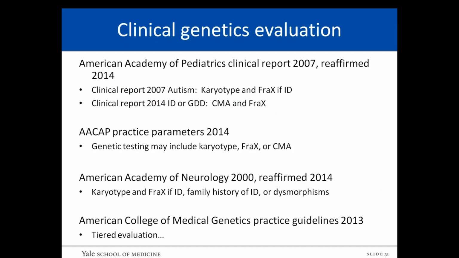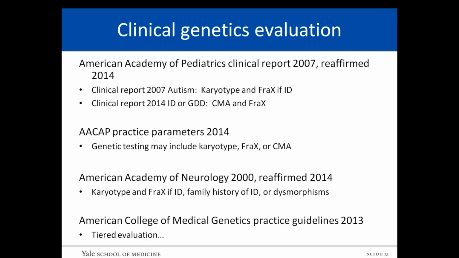So the various academic societies have guidelines about clinical genetics evaluation in autism. The American Academy of Pediatrics published a clinical report that was recently reaffirmed a couple of years ago. It suggests that karyotype and Fragile X testing are reasonable in autism, especially if there is intellectual disability.